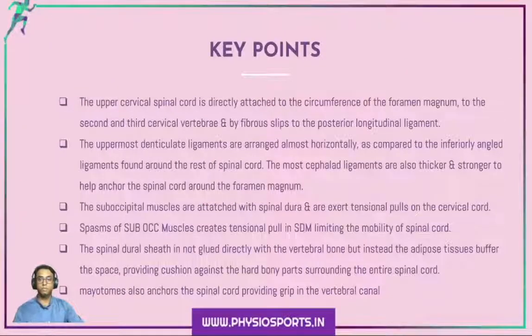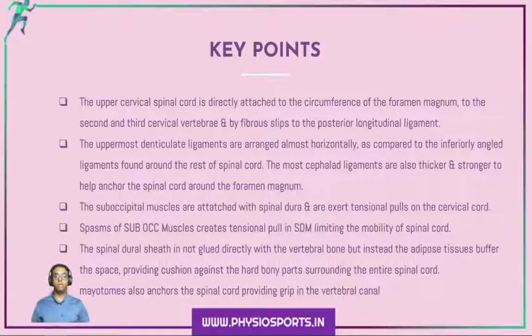Key points. The upper cervical cord is directly attached to the circumference of the foramen magnum, as well as to the second and third cervical vertebra. It is also attached to the posterior longitudinal ligament by fibrous slip. Suboccipital muscles are attached with spinal dura and they exert tensional pull on the cervical cord.